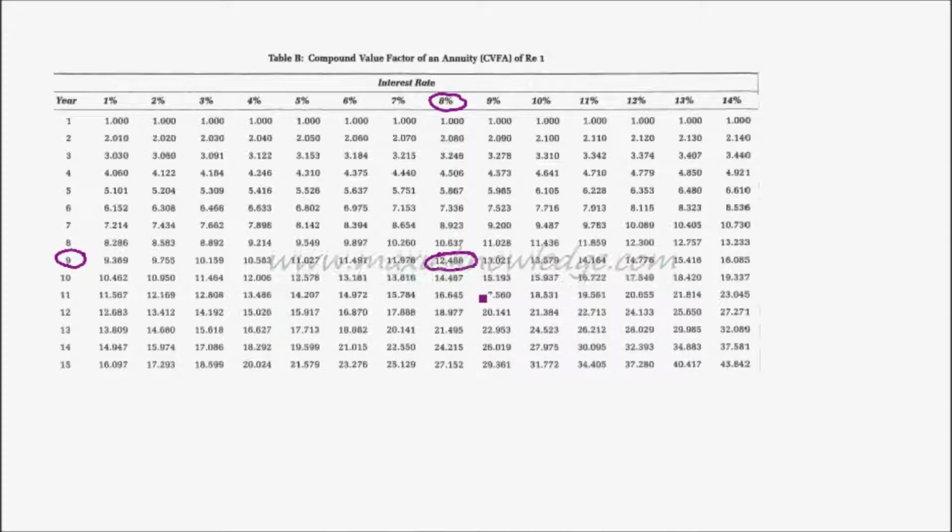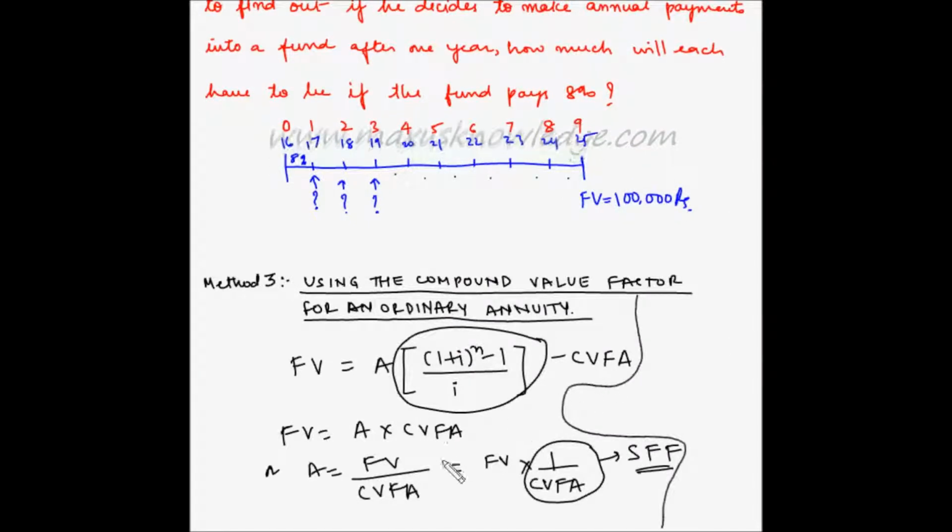So let's use this value in our formula. So our formula was A is equal to future value divided by CVFA. So future value is 100,000 and CVFA came out to 12.488.